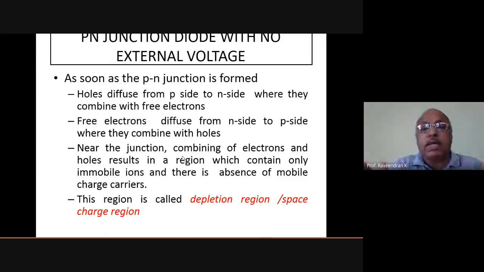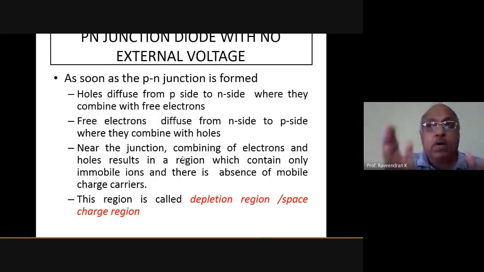So these immobile ions diffuse into either side, creating a region. Usually that region is called the depletion region or space charge region.